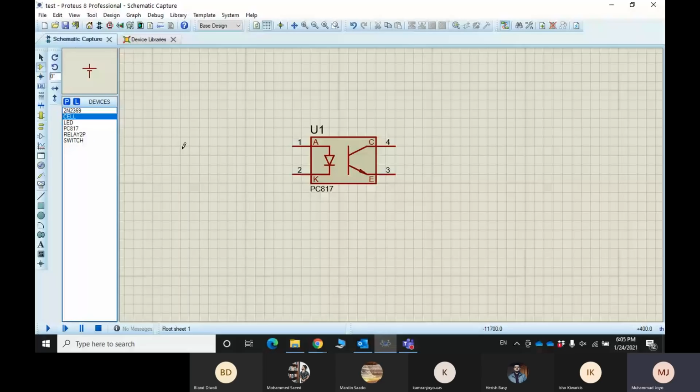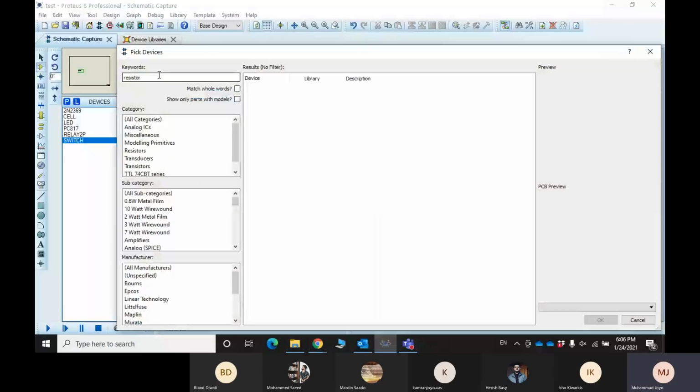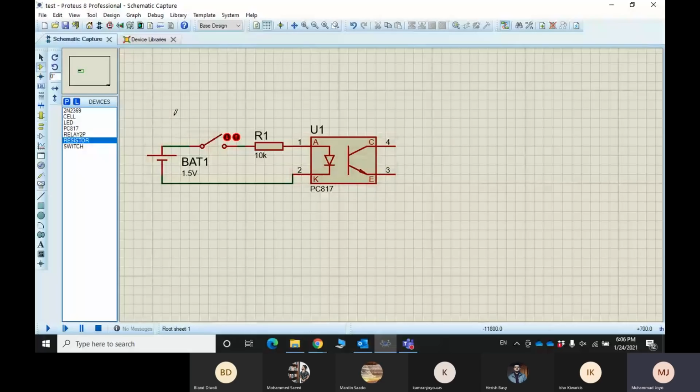So just over here we attach a switch and attach a resistor. Okay, ground it. All right. At the output side, what we are going to do is turn on the relay.